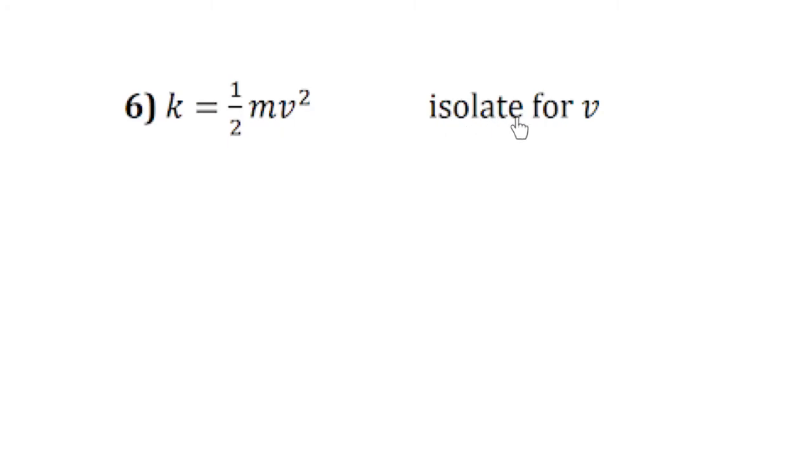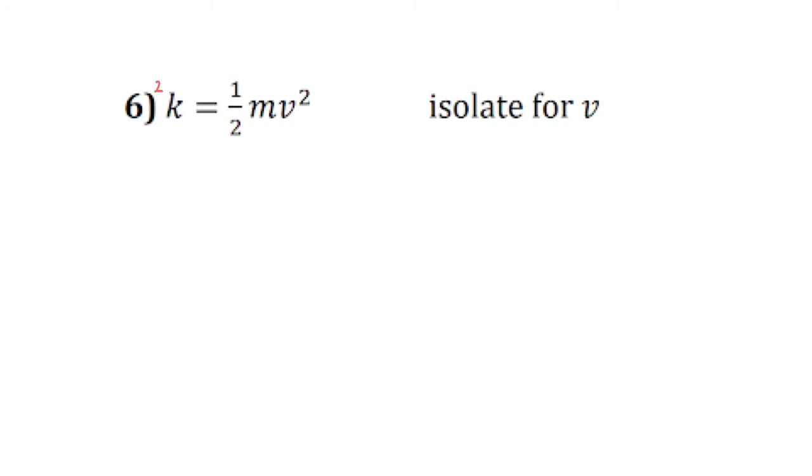And we are asked to isolate for v. So before we even worry about the letters, we need to get rid of that fraction. So our rule is to look at the denominator of our fraction, the bottom number, and we have a 2. So that means I need to multiply both sides, every term, by 2.